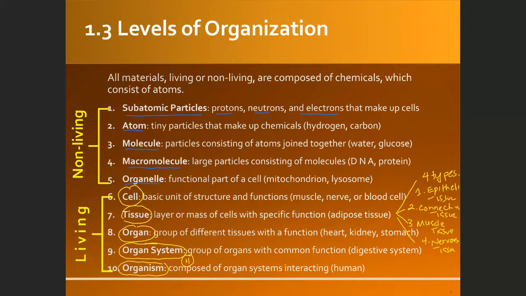So each of us is an organism that consists of 11 organ systems that consist of many organs, thousands of organs, and then each organ consists of maybe two, three, four types of tissues, and each tissue consists of many cells, maybe sometimes 100,000 or even a million cells that make up one type of tissue.